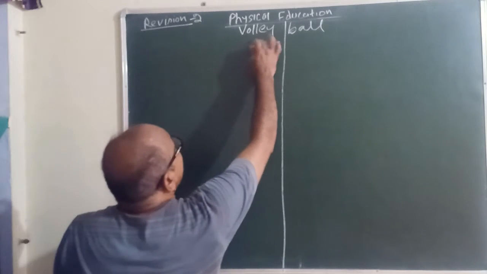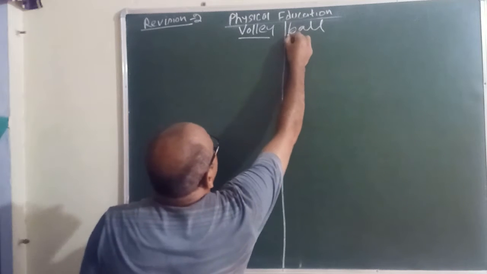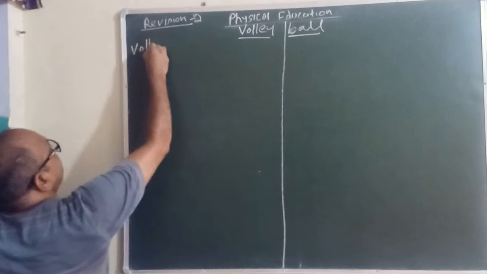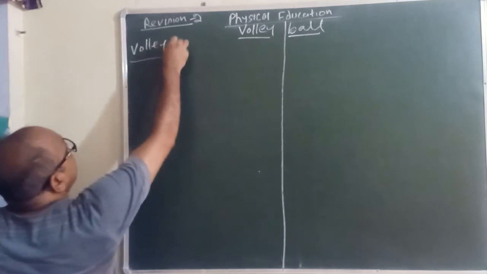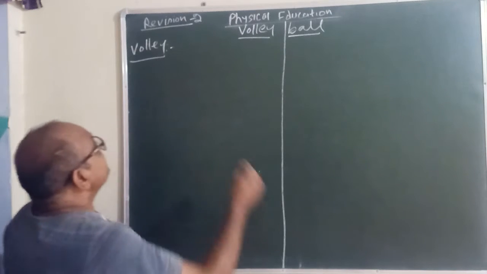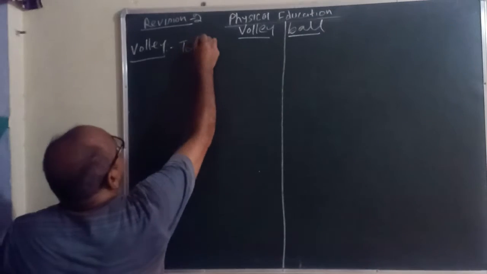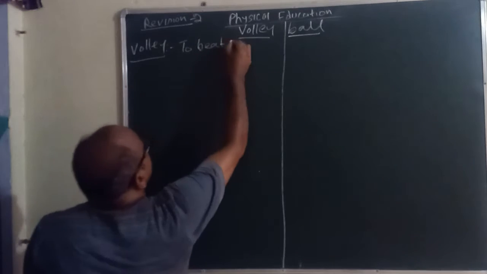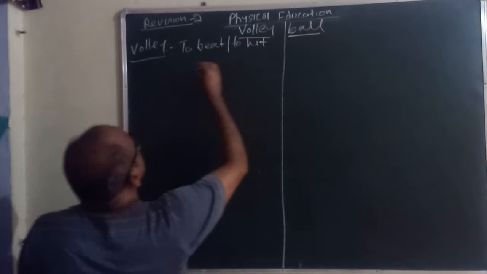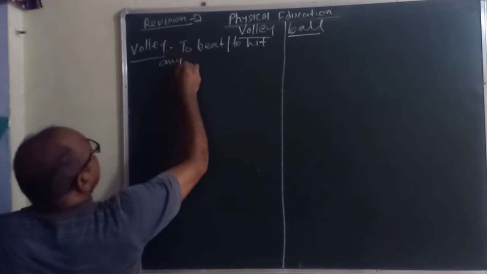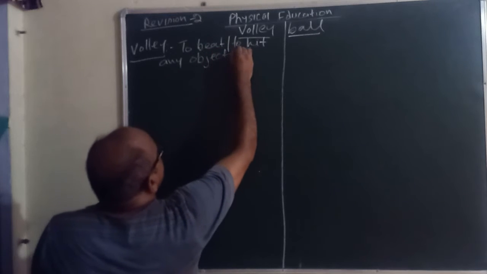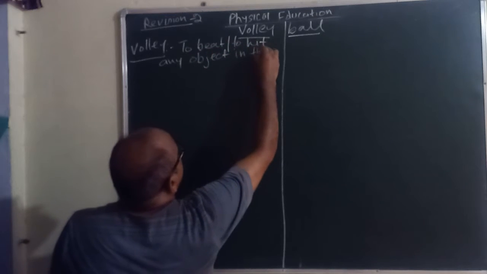So we have to separately know the meaning of these two words. So what is volley? First of all, we have to know about this. Volley means to beat or to hit any object in the air.